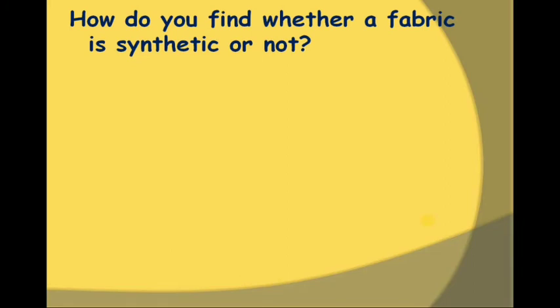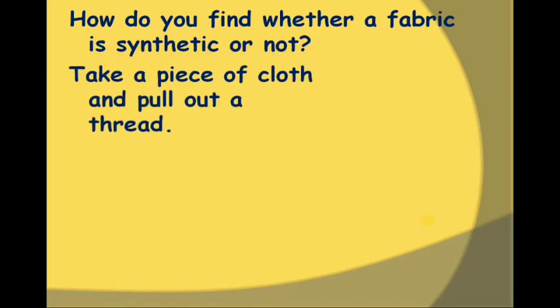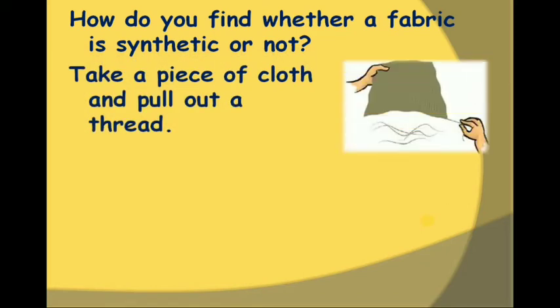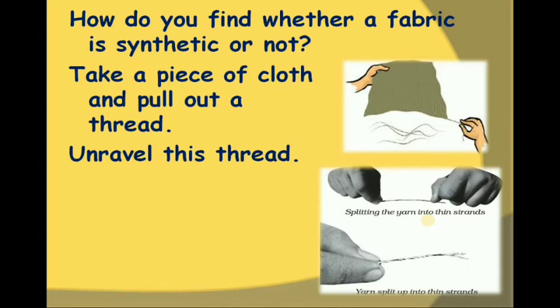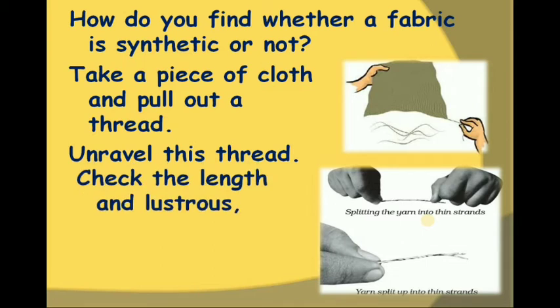How do we find whether a fabric is natural or synthetic? Take a piece of cloth, pull a thread as shown in the figure and unravel the thread so that you get small thin strands. Take them out one by one and check the length and lustre.